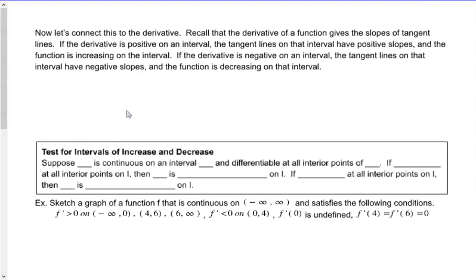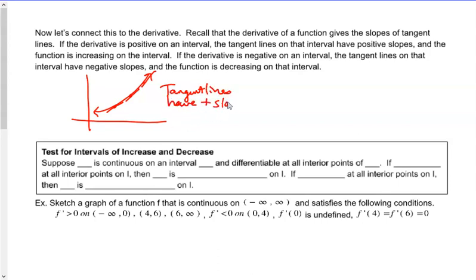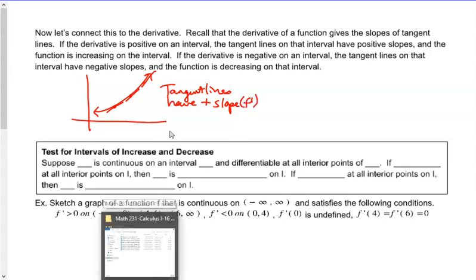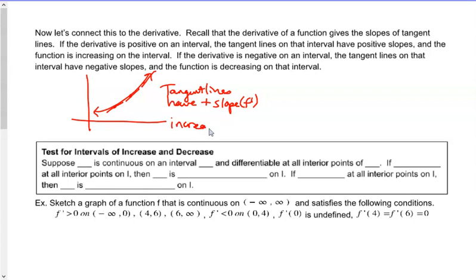So if we look at those same graphs that we just looked at, if I have an increasing function that looks like this, and I envision all the tangent lines along here, all of these tangent lines have a slope that is positive. Tangent lines have positive slope, aka that's the first derivative. This is on an increasing function.